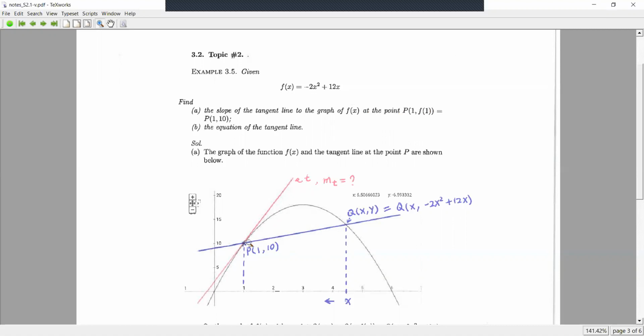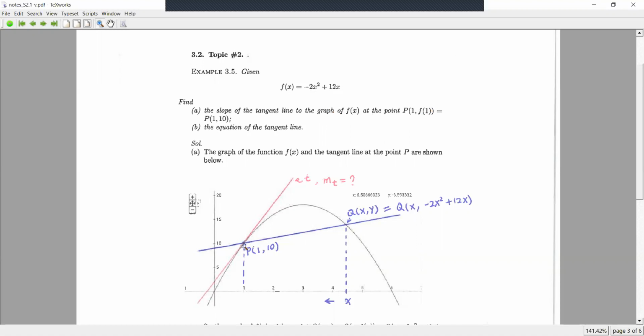Point P is on the parabola. Point P is here. How to get the function value at 1, f of 1? Plug in 1 for the x here. Then f of 1 is equal to -2 times 1 squared plus 12 times 1. It is 10. Function value at 1 is 10.